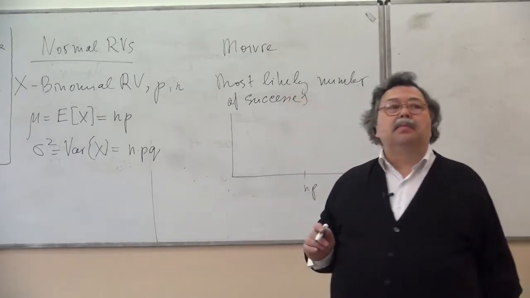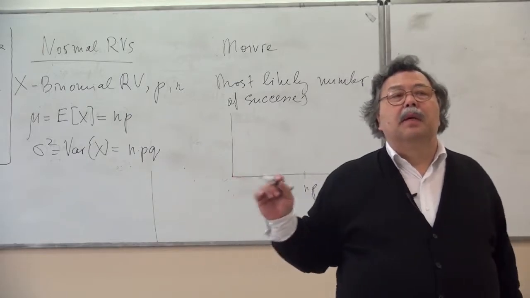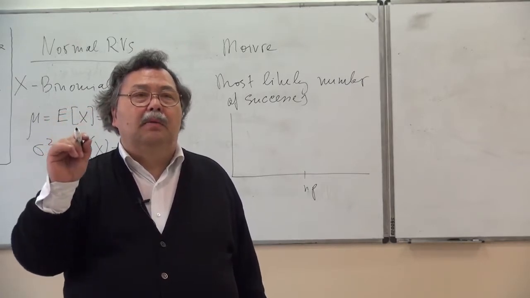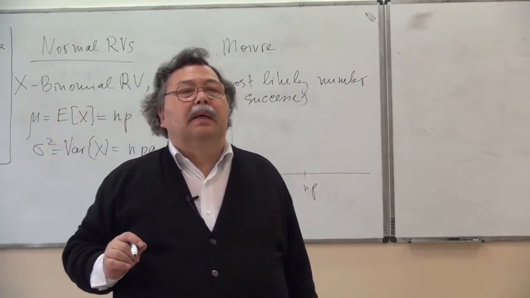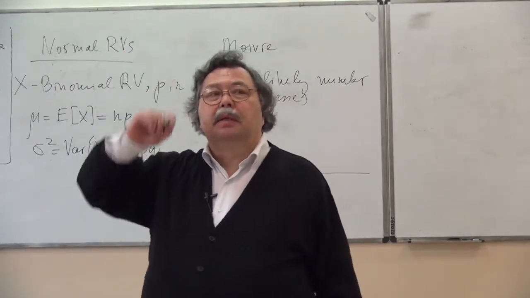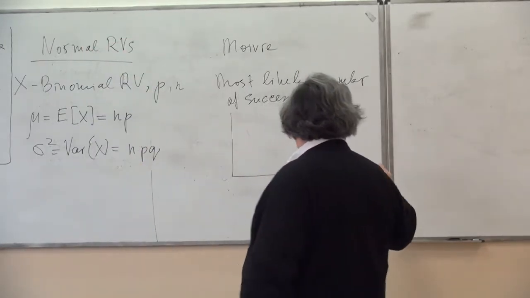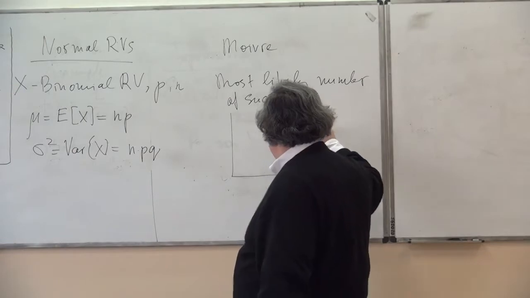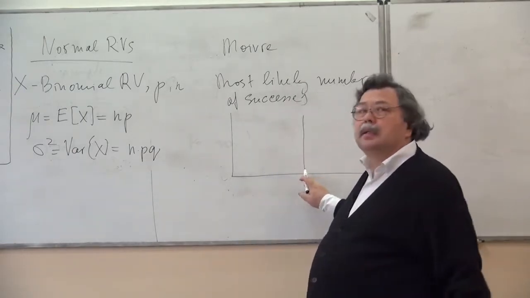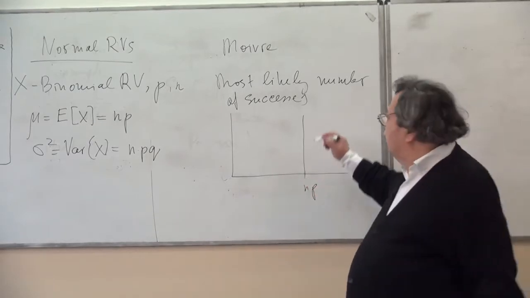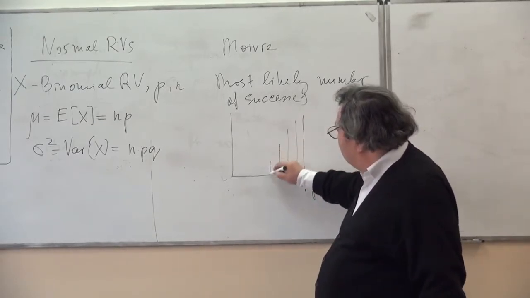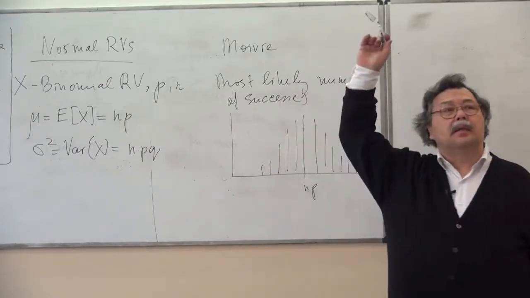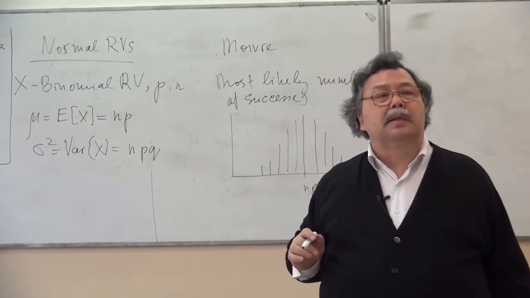Let's draw this graph. We represent the probability of every possible value of this random variable by a vertical bar or line. If n times p is an integer, then it's one of the possible values, and this is the highest bar in this diagram.